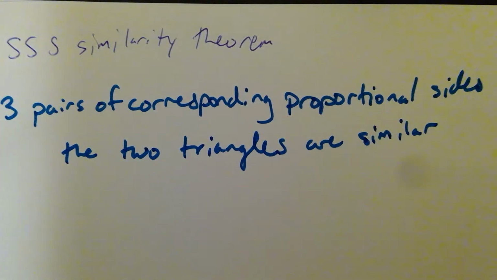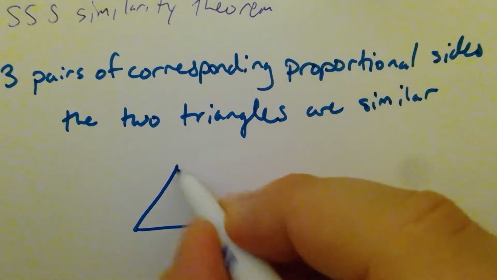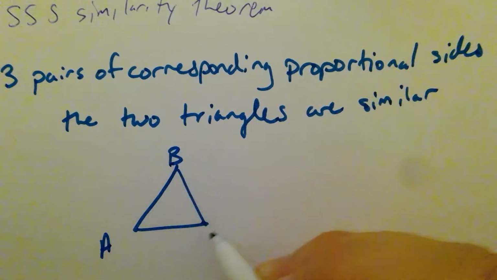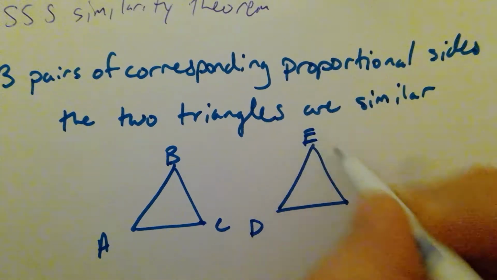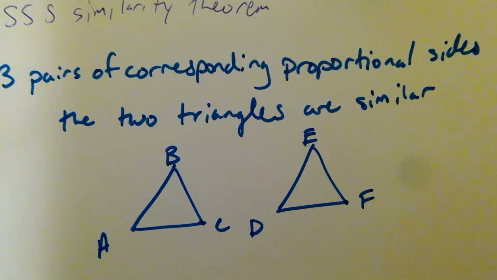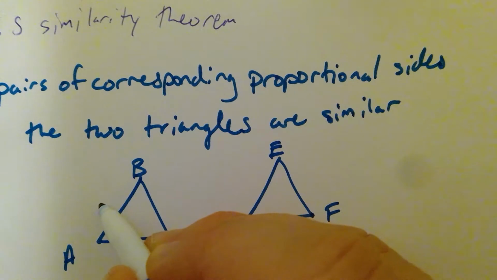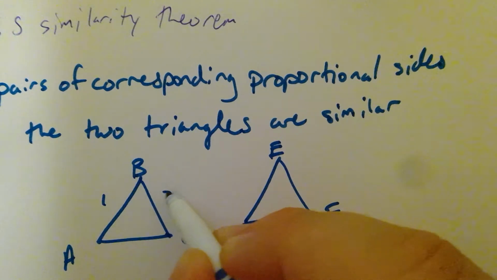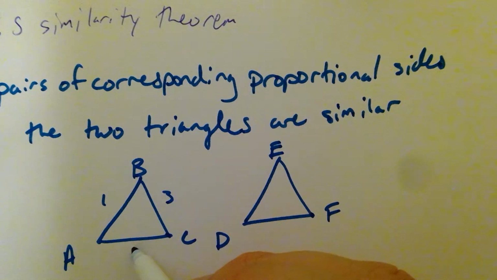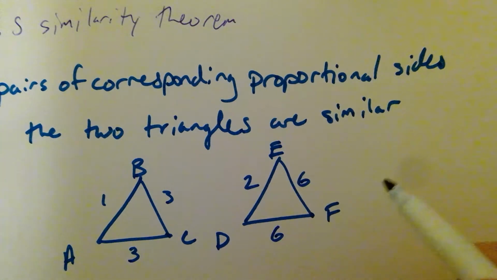So let's go ahead and look at a picture. A, B, C, D, E, F. Okay, now I'll put some numbers on these ones: 1, 3, and 3, 2, 6, and 6.